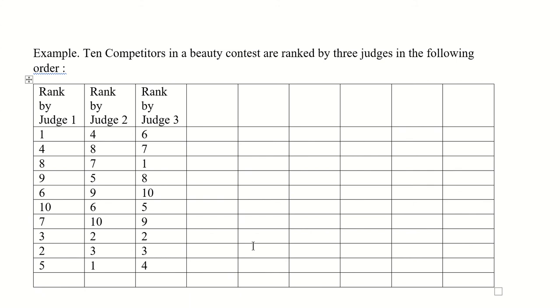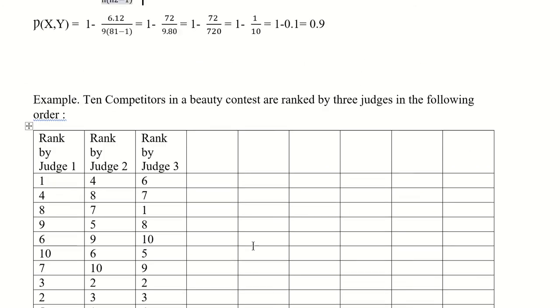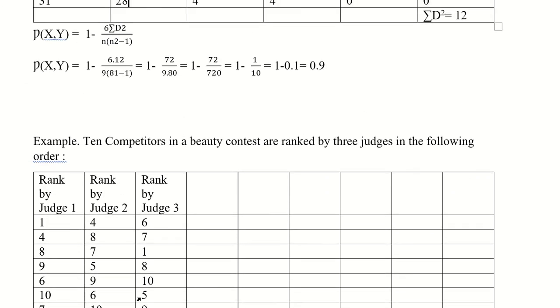But what do we have to do? We have to just find the correlation between these judges. So point is ranks given by these judges basically. Point is we do not calculate correlation between three things. So we will calculate correlation between 1 2, 1 3 and 2 3. Okay. So in three forms we will calculate correlation. I'll just show you how we do that.